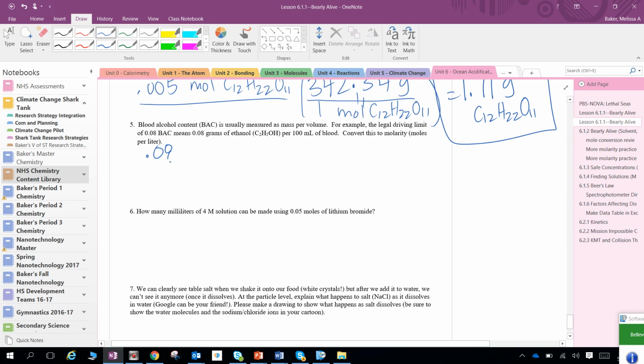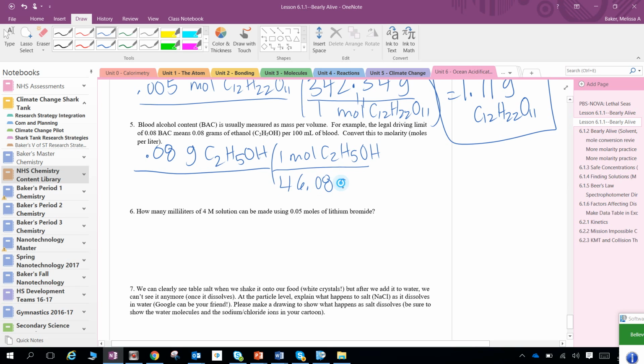So again, in all these problems, if you've got grams, since we're talking about molarity, we're going to have to convert grams into moles. You could pretty much just bet on that. So I've got to figure out how much does 1 mole of C2H5OH weigh. And so I've got to add up 2 carbons, 6 hydrogens, 1 oxygen. It adds to 46.08 grams.